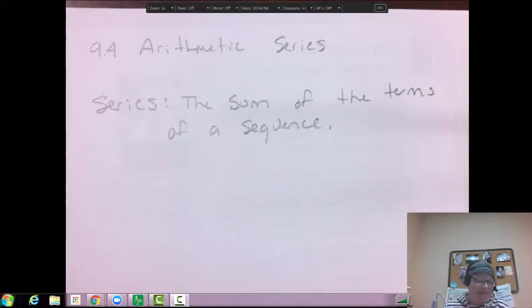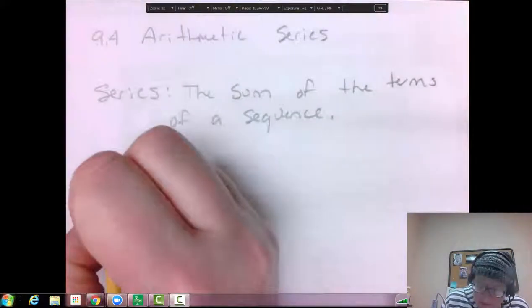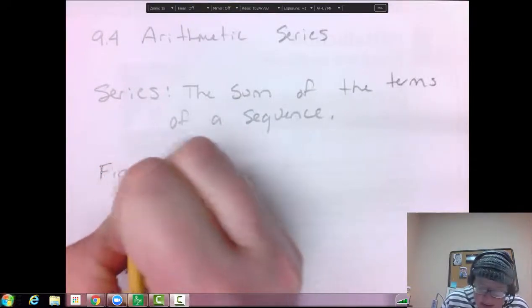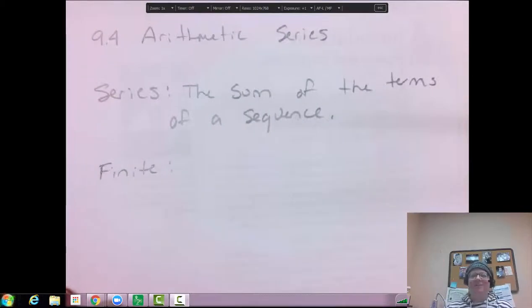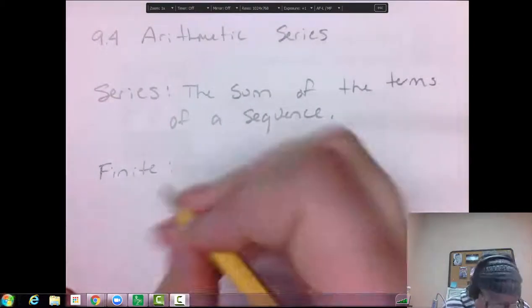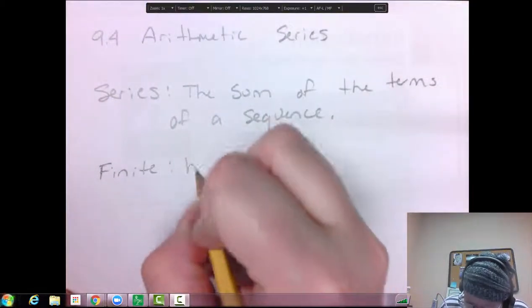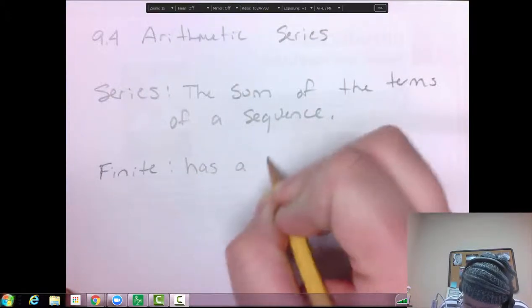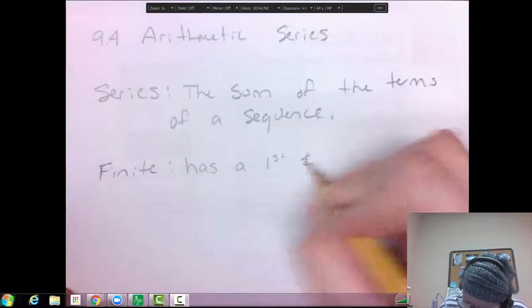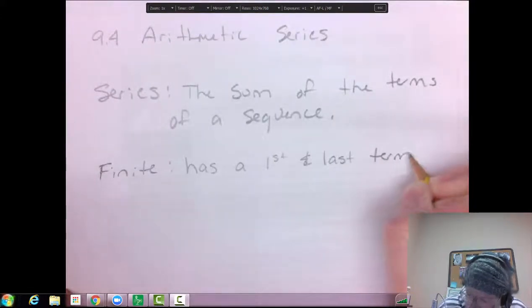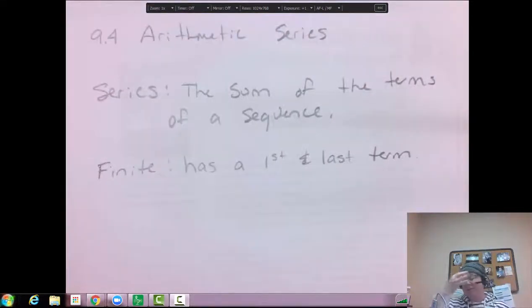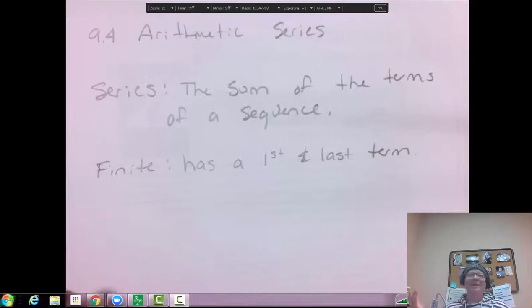So let's look at the first word here, finite. A finite series is where it actually stops, right? It has a first and a last term. That is how the book defines it. So a sequence that maybe goes 2, 4, 6, 8, 10.